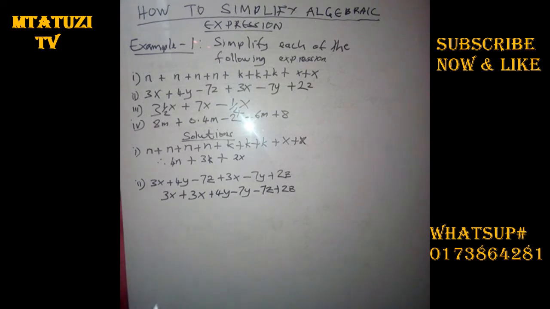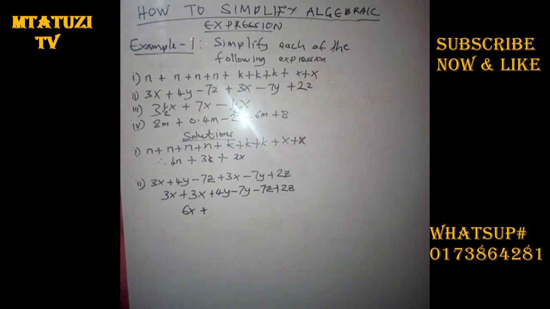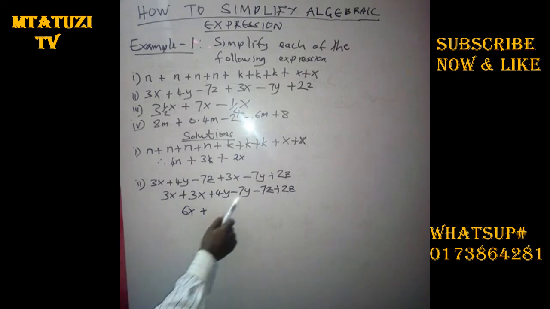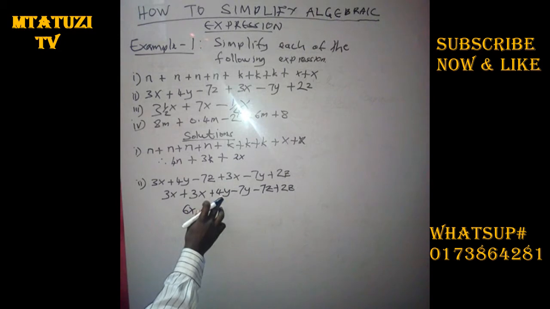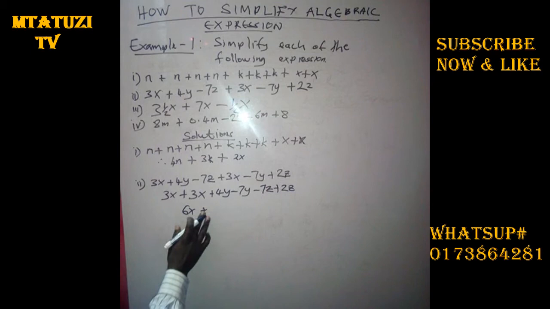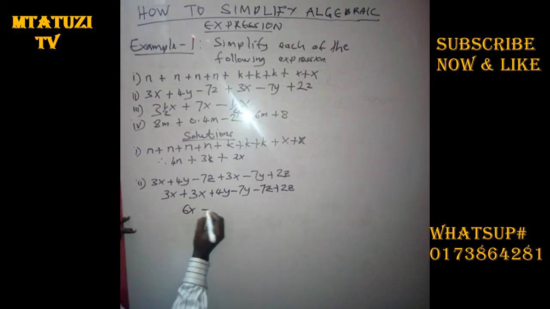So now 3x plus 3x, you get 6x, plus 4y minus 7y, you get how much? 4 is smaller, 7 is bigger, and so 4y minus 7y, you get negative 3y.